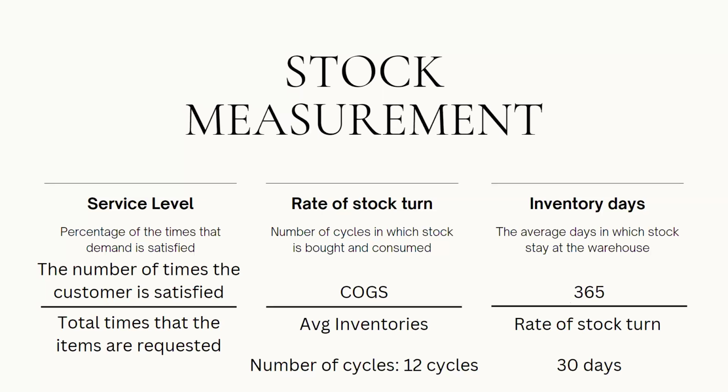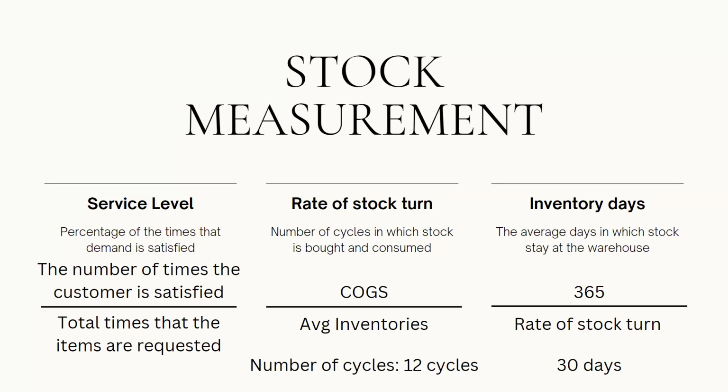The denominator would be the total times that the item is requested. There will be some occasions where the customers walk in and they cannot find their desired item. At that time, the customer is not satisfied, and we can say that at that time, the service level falls below 100.